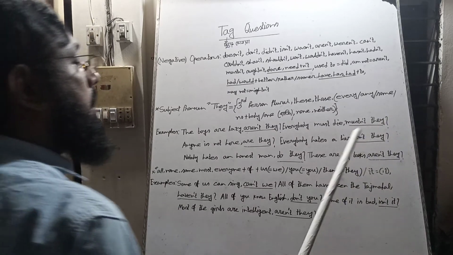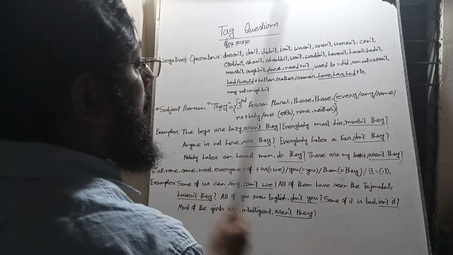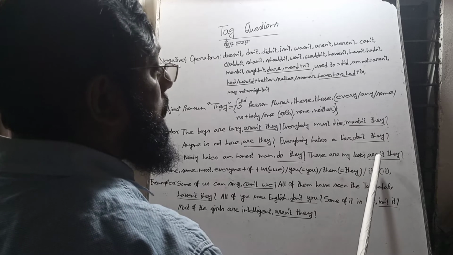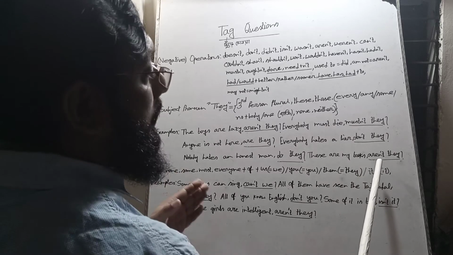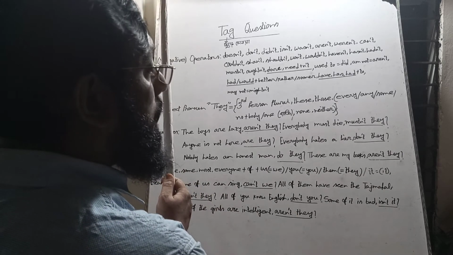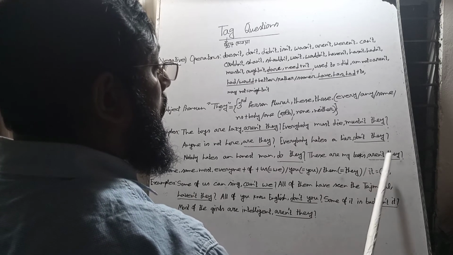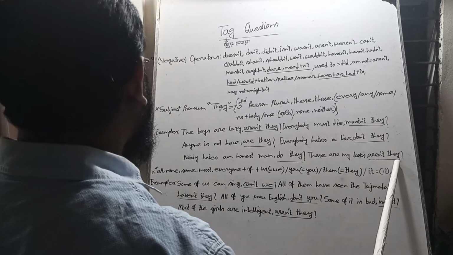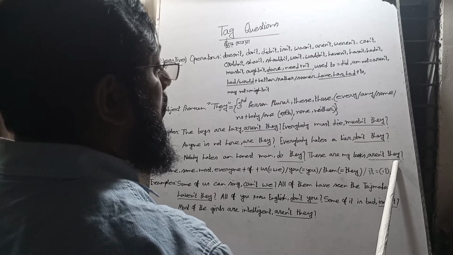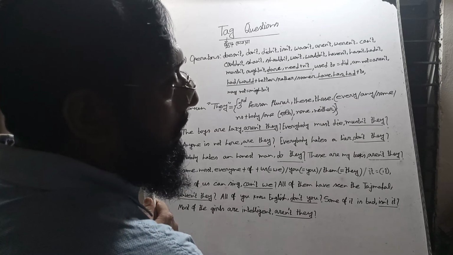We remember one thing after the sentence. If we write a full sentence, after the sentence we must use a comma, and after that we usually bring the auxiliary verb. If we want to do the contracted form, we bring not, and after a space we bring the actual pronoun of the subject, and at last we must use a note of interrogation.